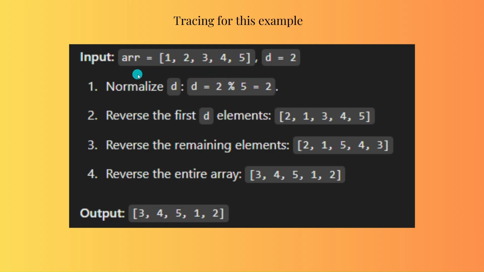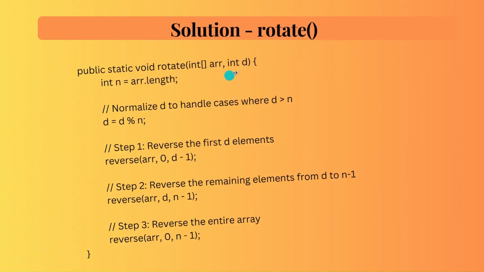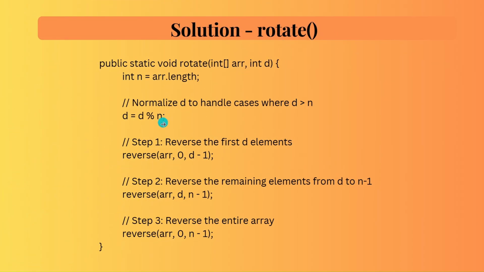The solution code here uses two methods, rotate and reverse. The rotate is the base method where we call the reverse method. The rotate method initially has the variable n equal to array.length, and we normalize the d value where d is equal to d mod n.